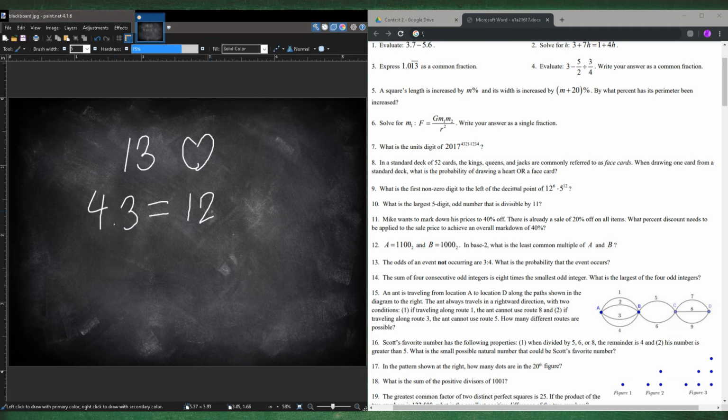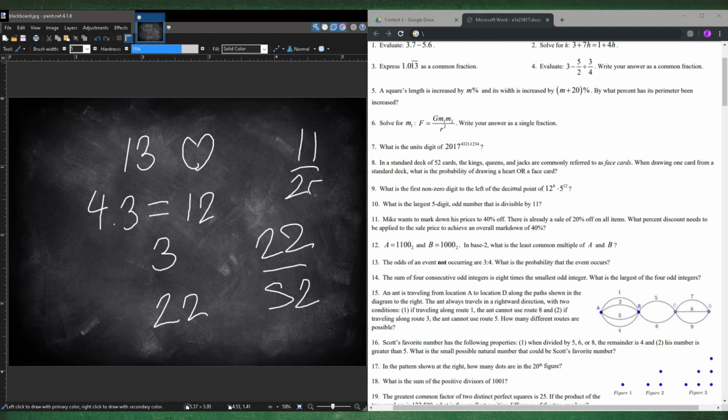But some of those face cards are also hearts, so we have to subtract them. There's only a king of hearts, queen of hearts, and jack of hearts, so subtract 3. So 13 plus 12 minus 3 makes 22. So the probability is 22 out of 52, which simplifies to 11 over 26. That's your answer, 11 over 26.